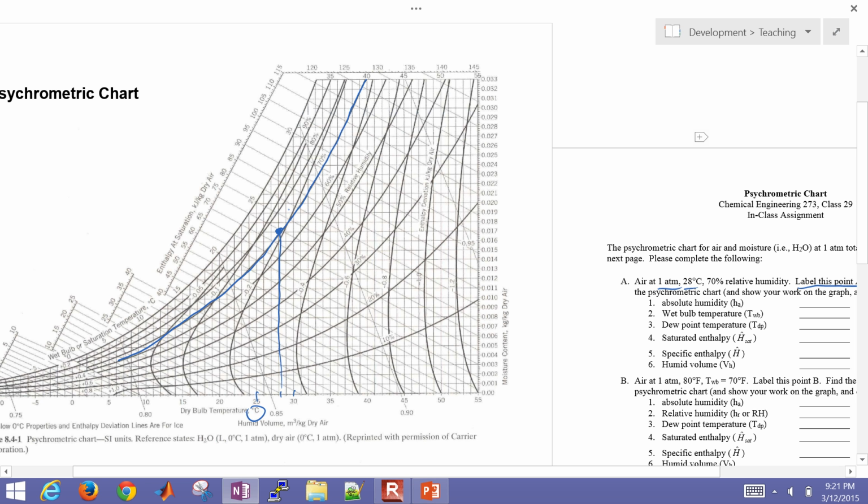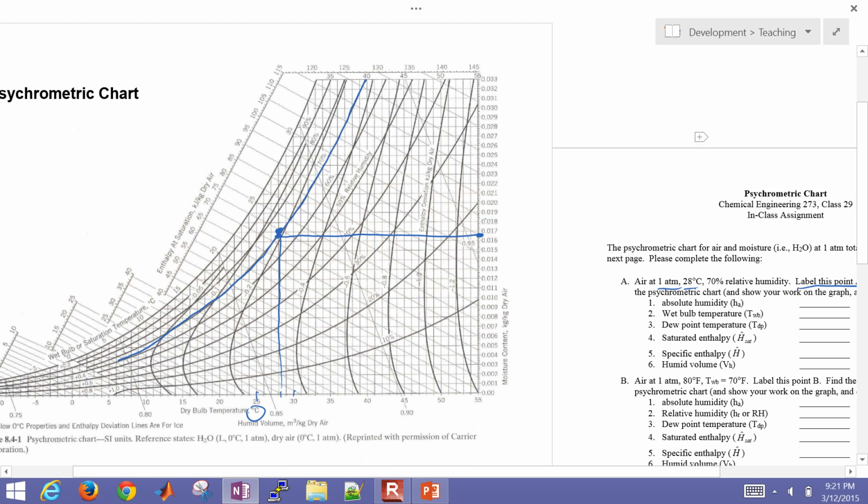So that's going to be my dry bulb temperature at 28. Now for absolute humidity, what we're going to do is just go ahead and come over to the right.